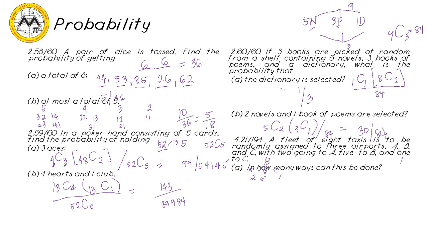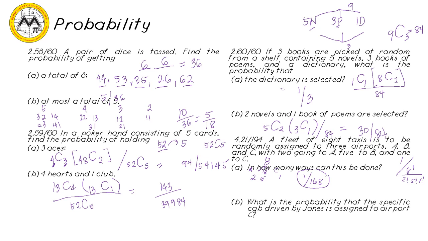So that's 8 factorial over 2 factorial, 5 factorial, 1 factorial. So this is 168. What is the probability that the specific cab driven by Jones is assigned to airport C?